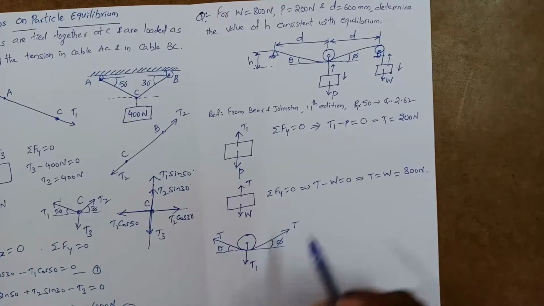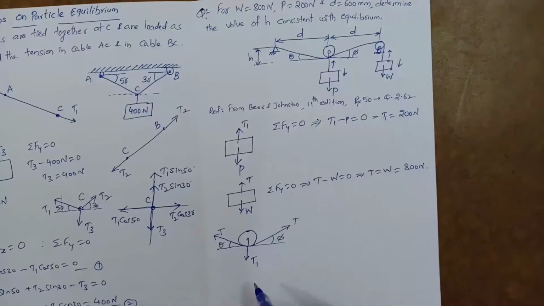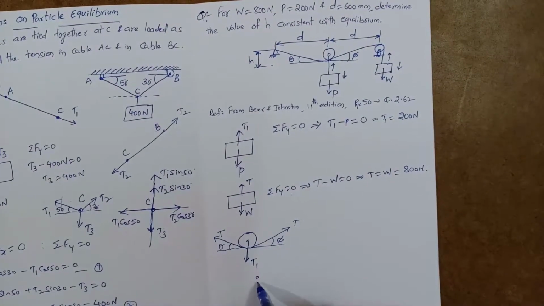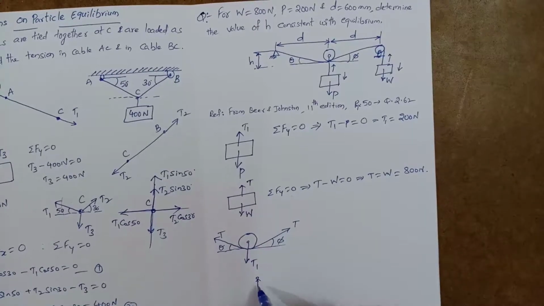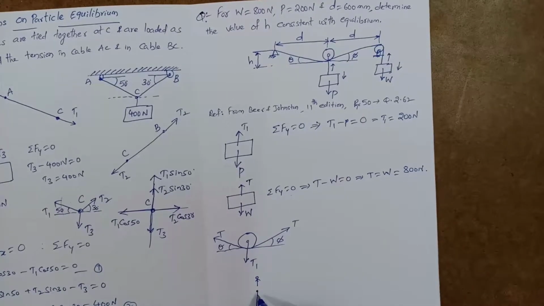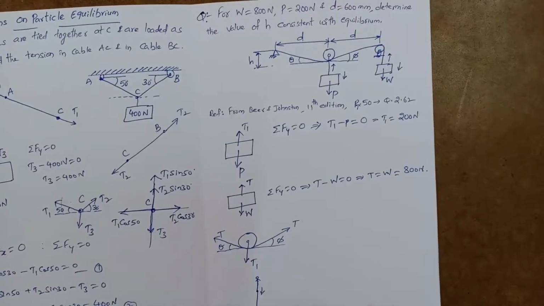If we draw the free body diagram for this cable for the complete system, let me draw it here. So here this one will try to pull in this direction. At the same time we have this pull of the cable here, it will pull in this direction. At the same time, this weight P will pull in this direction, and here it will pull in the upward direction.